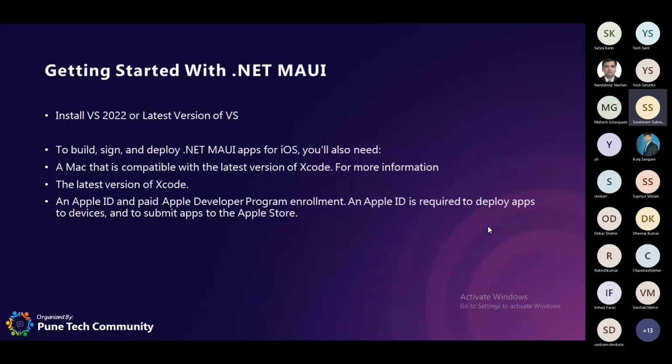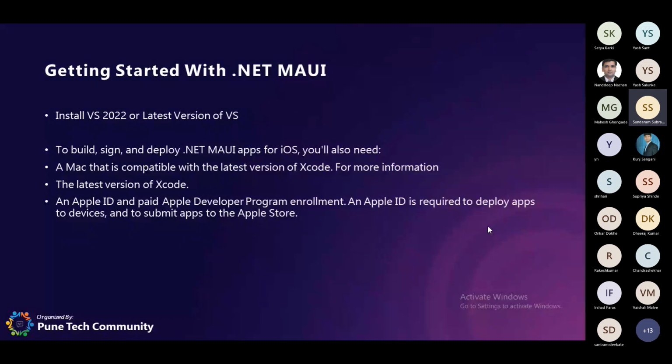Now let's get started with .NET MAUI. To build .NET MAUI apps, we need an IDE. Visual Studio 2022 or any latest version of Visual Studio is good to start. Visual Studio is good enough, but in order to build iOS or Android applications, you need two things.